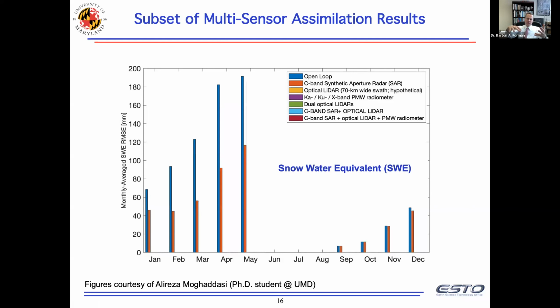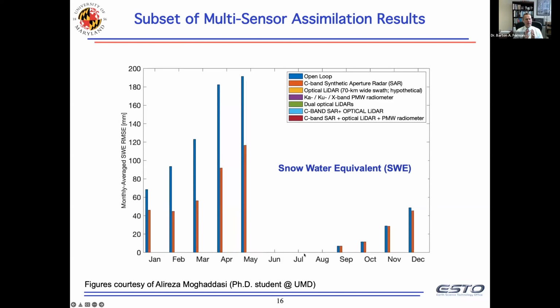We take these observations, we assimilate them into our model using an ensemble Kalman filter, and we can see some significant improvements, particularly during the months when we have a lot of snow. We see little or no change in September, October, November, but that makes sense. There's not a lot of snow in this domain in September, October, November, and we have no snow in this particular domain.